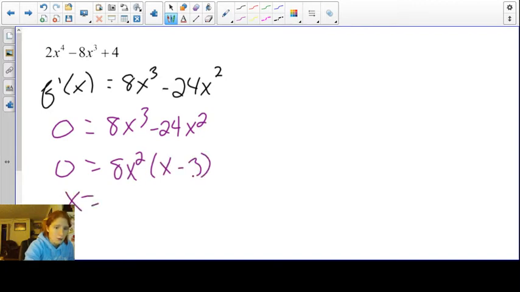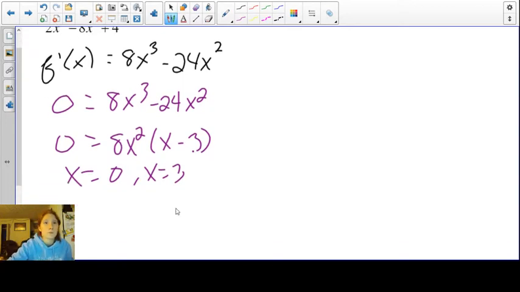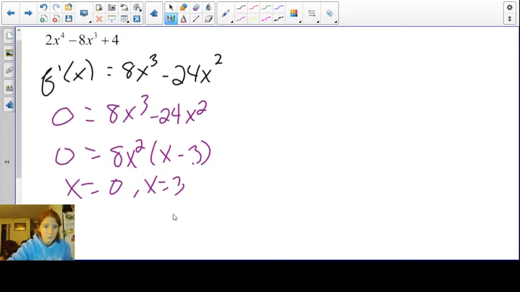So x is 0 and x is 3. Step number 2, go ahead and take the second derivative now.